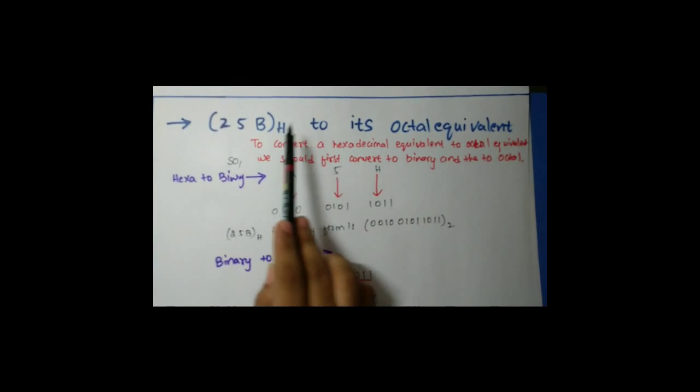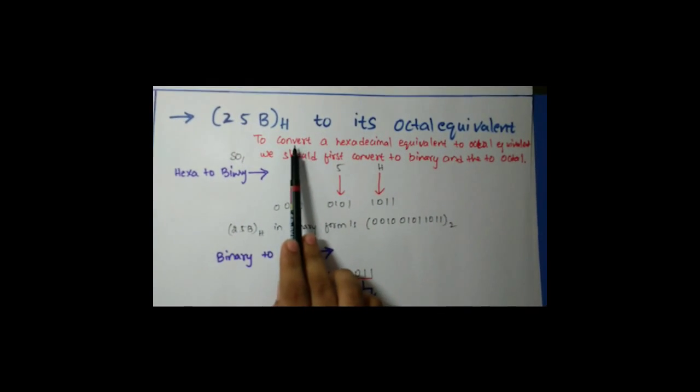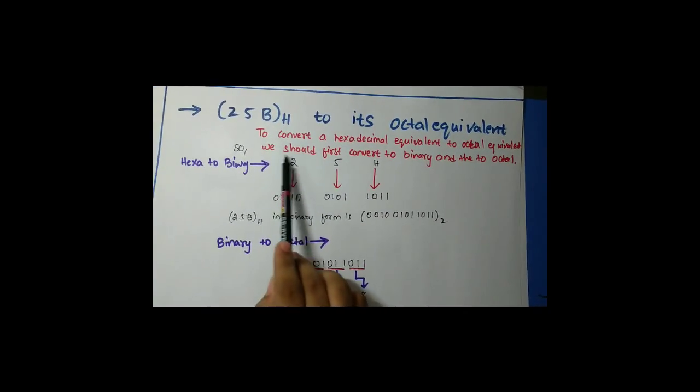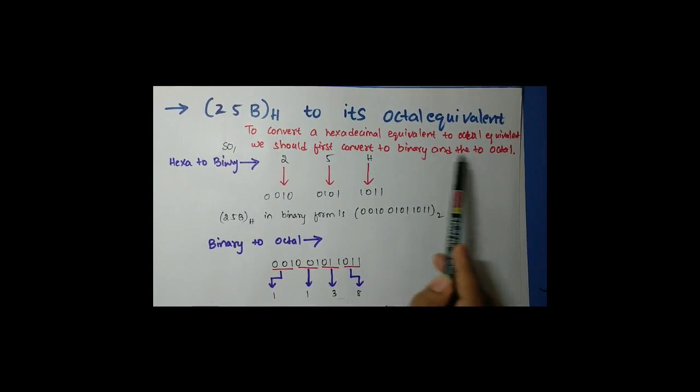Next example: we have to convert 25B, which is in hexadecimal, to octal. To convert a hexadecimal number to its octal equivalent, we should first convert the hexadecimal to binary, and from binary to octal.